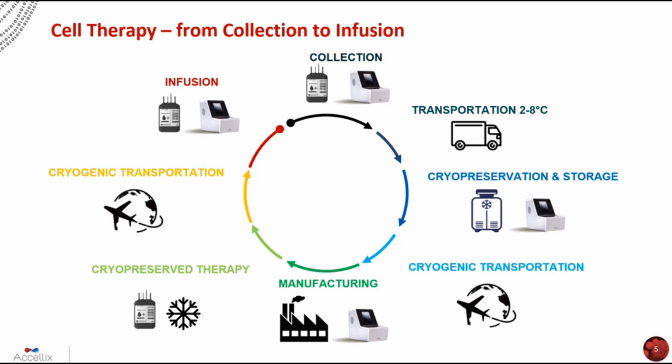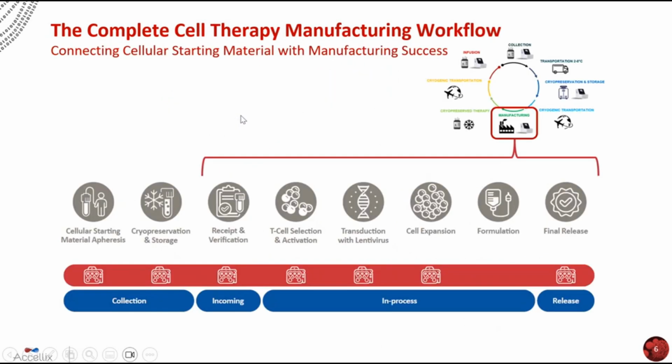This is the total value chain that we are considering today, and particularly the collection part and the manufacturing part, because there are different steps that need to be under control in order to get the right products with the right efficacy infused into the patients, starting from the collection of the blood samples, transported or used fresh, the cryopreservation, that is a critical step before sometimes going into manufacturing, and then the manufacturing, handle these samples, cryopreserve, ship to the lab or to the hospitals, and then infuse to the patients.